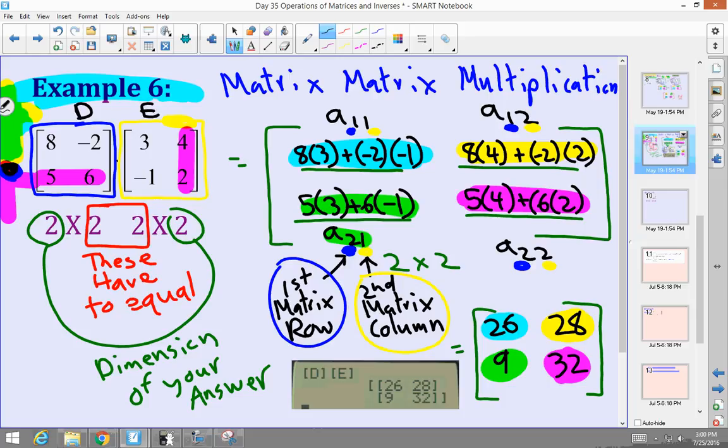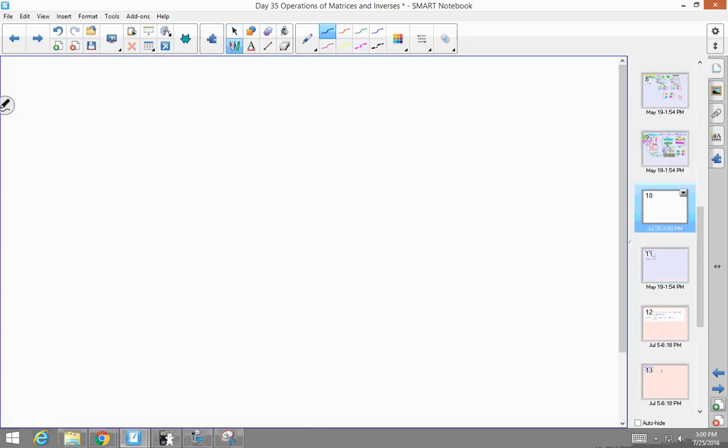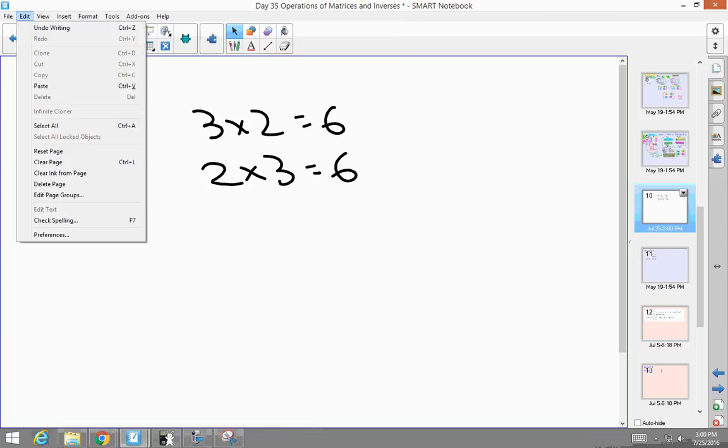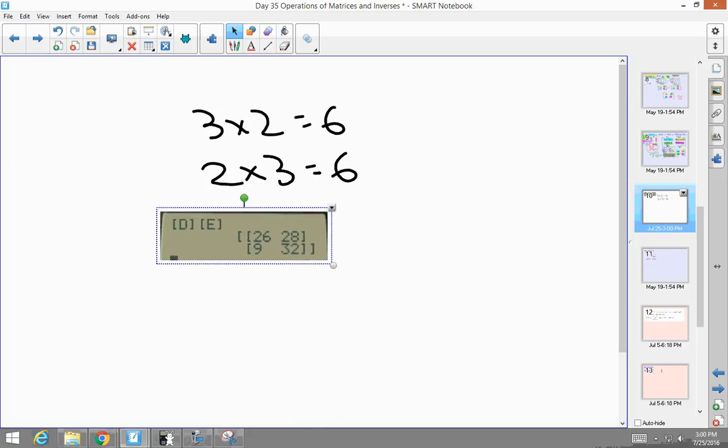Okay. Curious. When you multiply, things normally are okay forward and backwards. What I mean by that is 3 times 2 equals 6. 2 times 3 equals 6. Okay, and we just discovered that if I paste this in, D times E equals that.